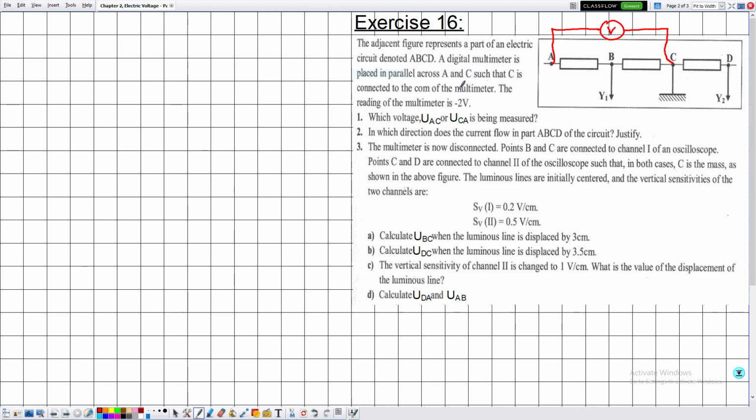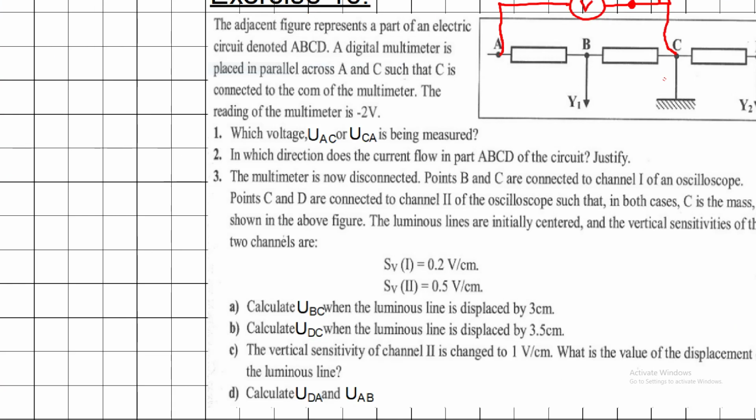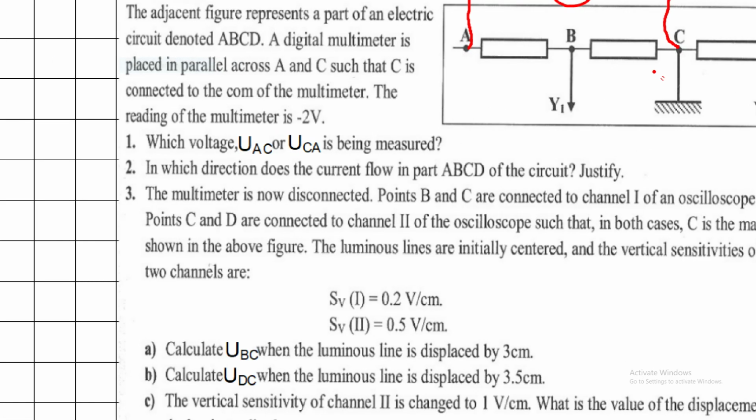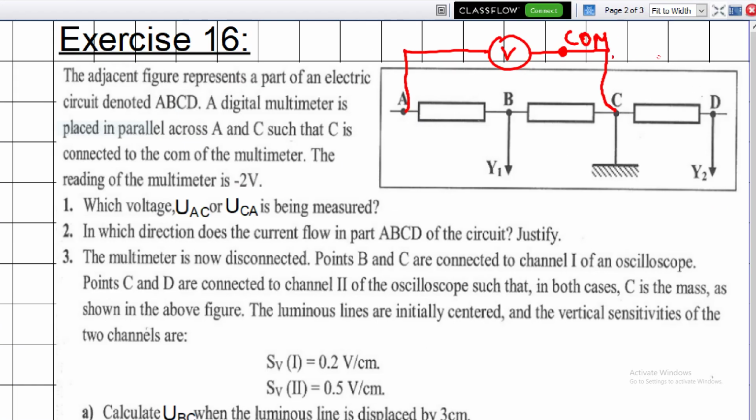Such that C is connected to the COM of the multimeter. So this is the COM. The reading of the multimeter is minus 2 volts. Number 1, they are telling me which voltage, UAC or UCA, is being measured, and this depends on the COM terminal.